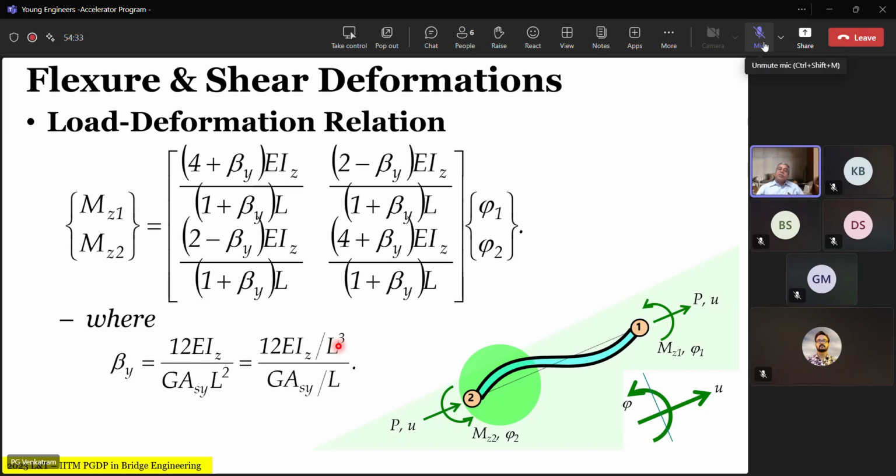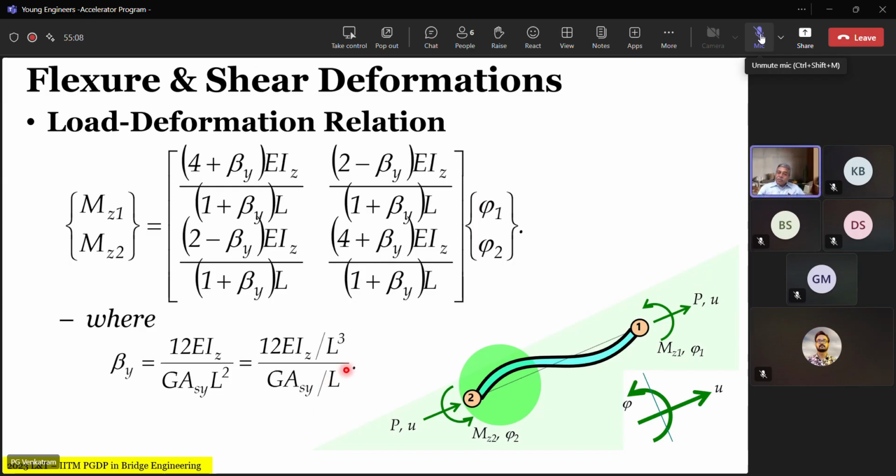But if the length is very small, remember that E and G are related, I and Asy are also related. So the only parameter you have to play around with is L. So when you want beta to tend to 0, you need GAsy/L tending to a large value. And if that has to go to a large value, L has to become small.